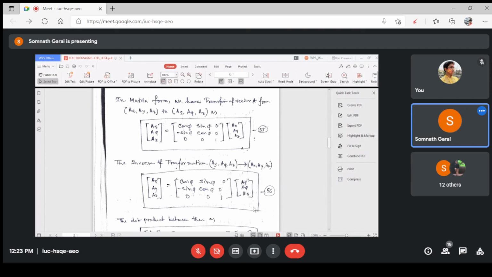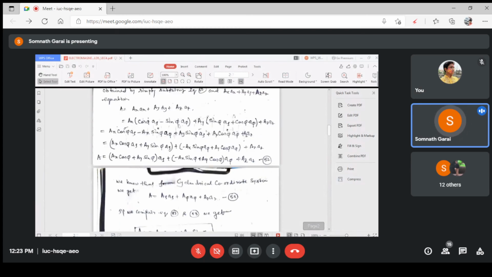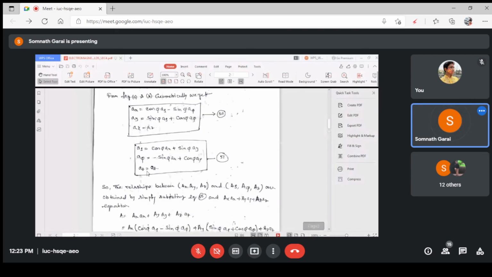Calculate it. First, start from the equation A is equal to capital A rho into small rho plus capital A phi into small phi plus capital Az into small z. Then substitute the values of A rho, A phi and Az: A rho is equal to cos phi ax plus sin phi ay, A phi is equal to minus sin phi ax plus cos phi ay, and Az is equal to az.